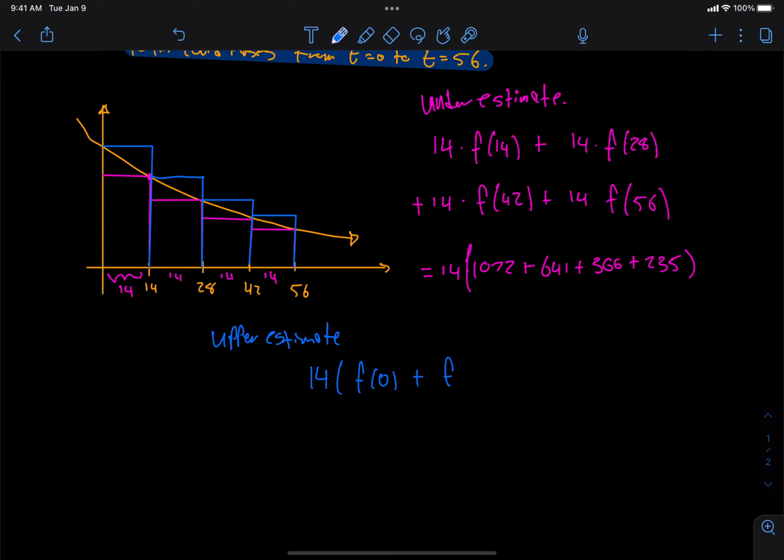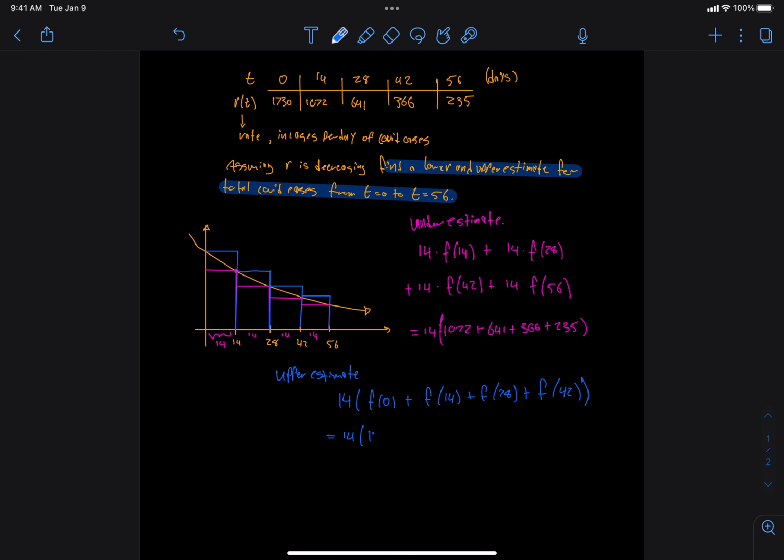And the second one has height f of 14. The next one has height f of 28. And then the last one has f of 42. Which is 14 times, whatever those numbers are: 1730 plus 1072 plus 641 plus 366.